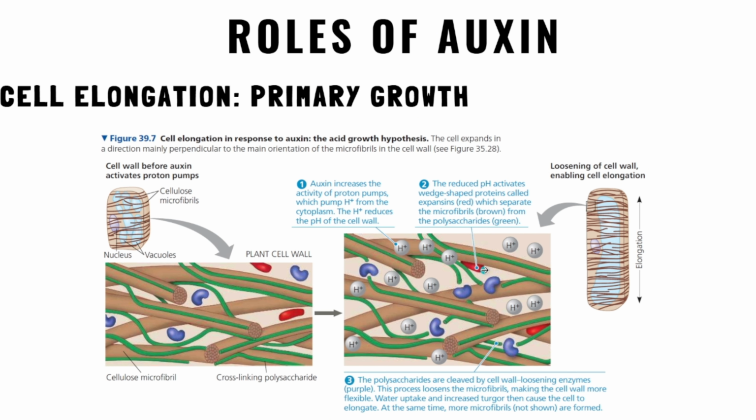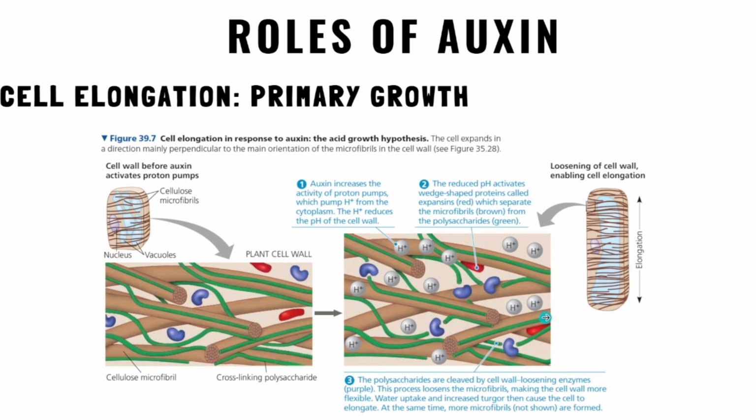So what does this protein do? This protein will separate the microfibrils, all these brown color, from the polysaccharide, meaning that the polysaccharide will be removed from the microfibril. You can see here, it is already removed.